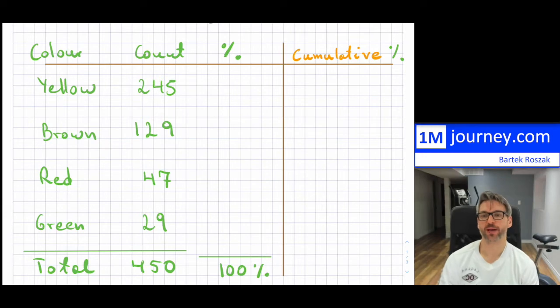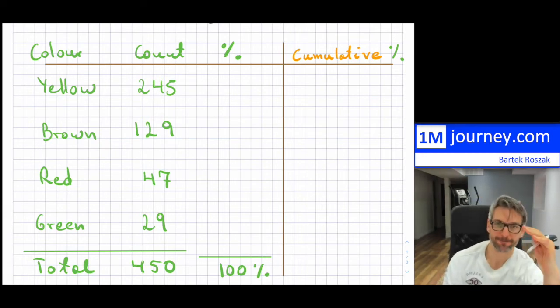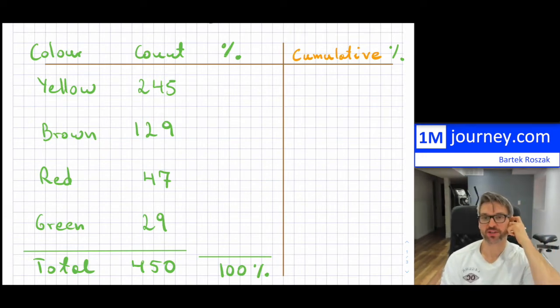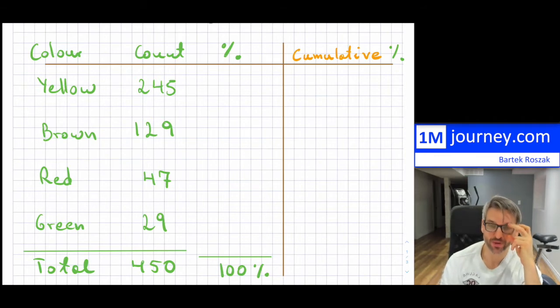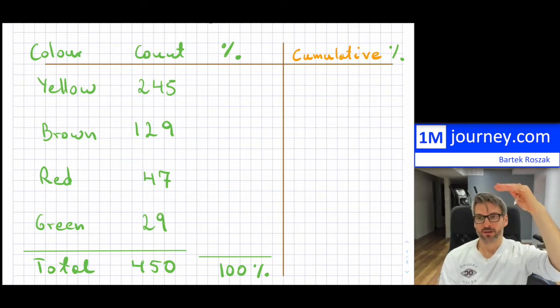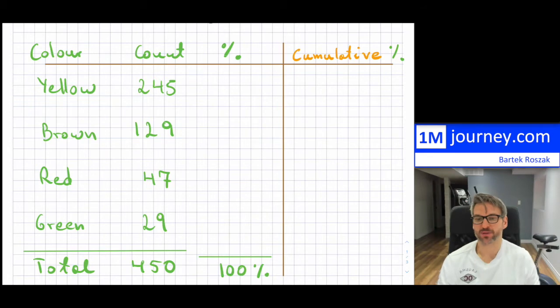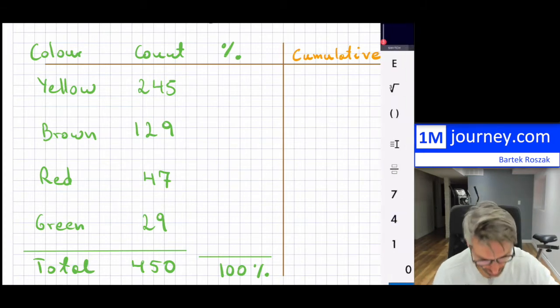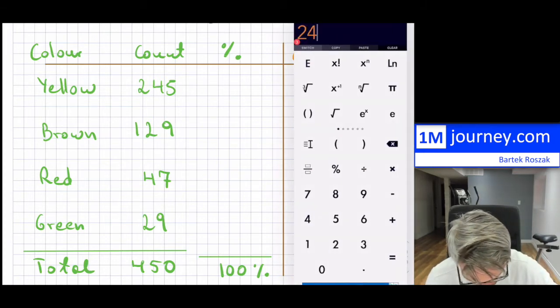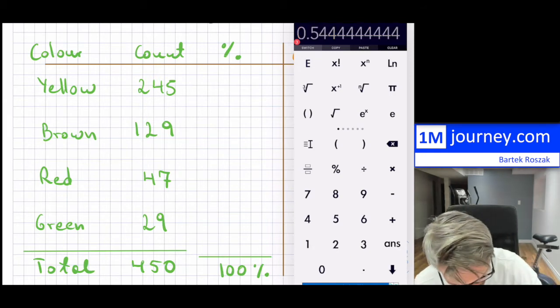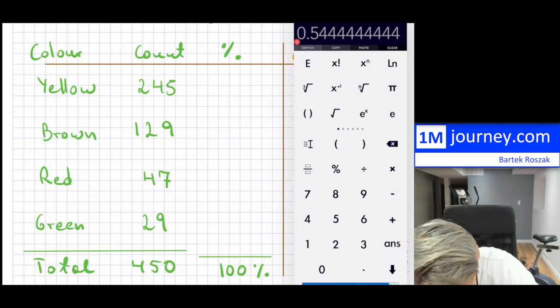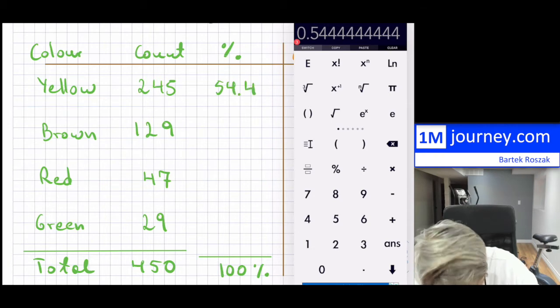Next, I'm going to find the percents of each, and I'll round the percentages, say to the tenth. So how would we do that? 245 divided by 450, if you change that to a percent, is approximately 54.4%.